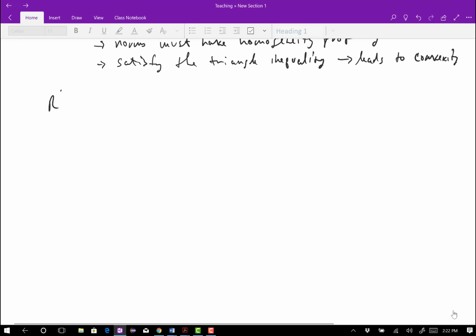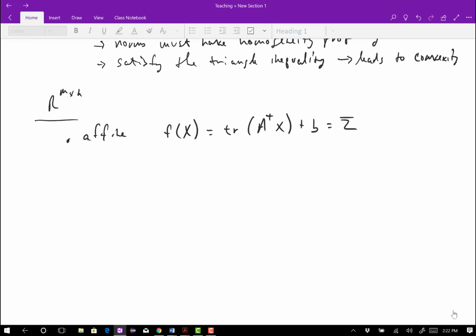Moving to functions on R m by n. So again, these are the m by n matrices. Once again, we have the affine functions. So capital X here represents a matrix, and this affine function is going to be defined to be trace A transpose X plus B, and this is equal to this double sum across the rows and the columns.